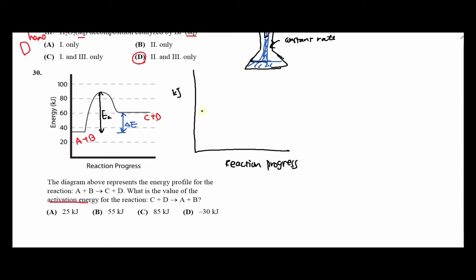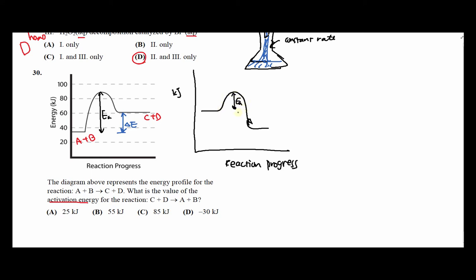Okay. Now, because it's reverse, it's gonna look something like that. Okay. Instead of the delta E that you saw on the left side, now our hill is much smaller.